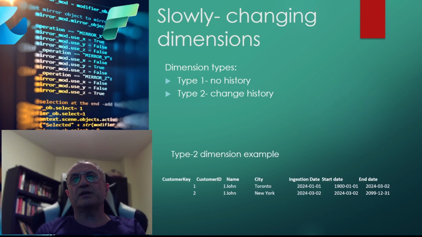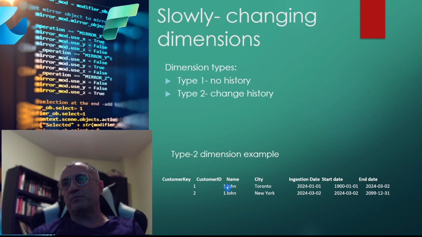Here is an example of a type 2 dimension table where you have a business key, also called a natural key, which originates from your source table. Then you have source attributes, dimension attributes, and as you can see from this example, these attributes can change over time.